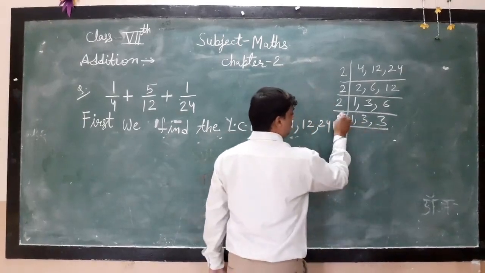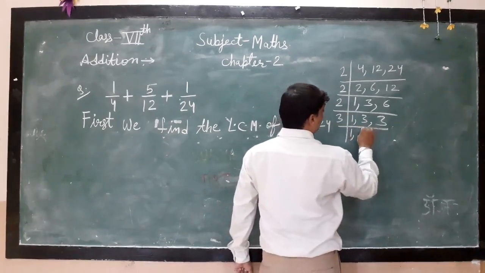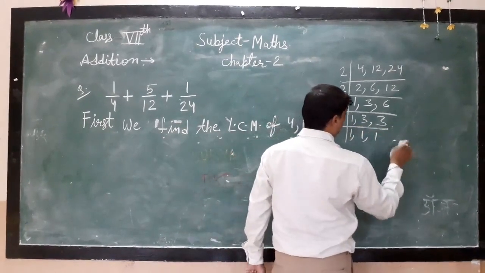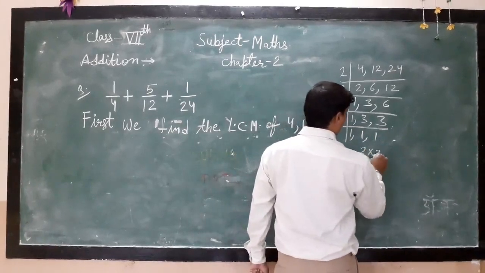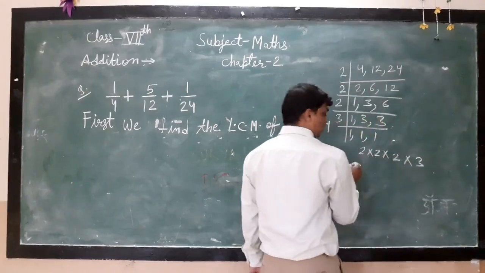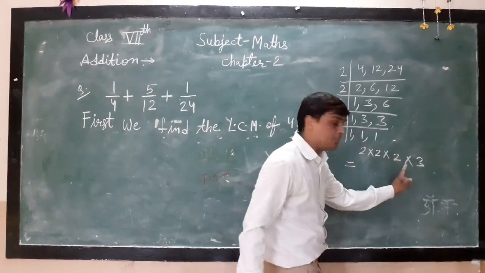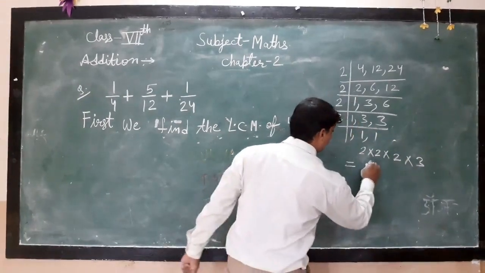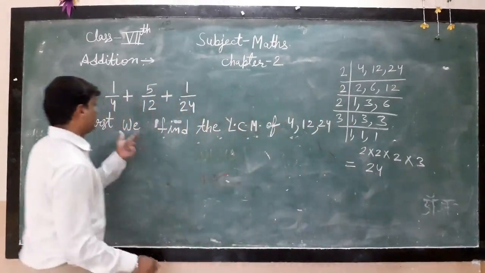Now next number 3, 1, 3 ones are 3, 3 ones are 3. The LCM is 2 multiply 2 multiply 2 multiply 3. Now the LCM is 2 twos are 4, 4 twos are 8, 8 threes are 24. The LCM is 24.